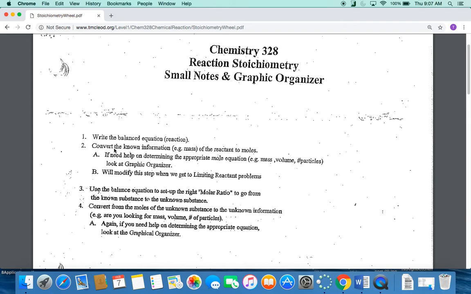That is done by what is called a mole ratio, which comes from the coefficients in the balanced chemical reaction. And once you do that, you have the moles of the substance you're looking for, and then you can change it into whatever they're asking about, massing, voluming, things like that.